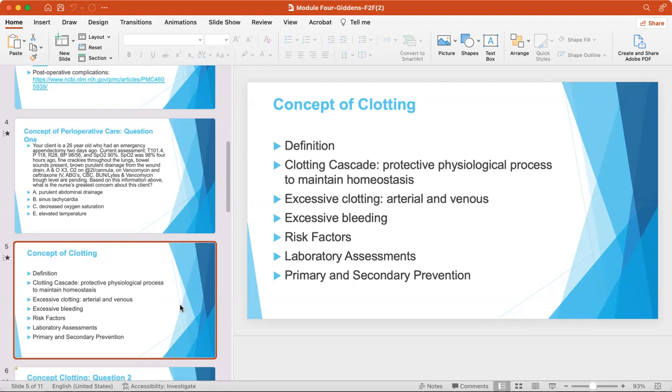So it's important to ask these questions during that pre-op time. You know, if your patient has any blood disorders, obviously a full blood panel will be drawn on your patient with lab work and whatnot. But also questioning the patient is important as well.